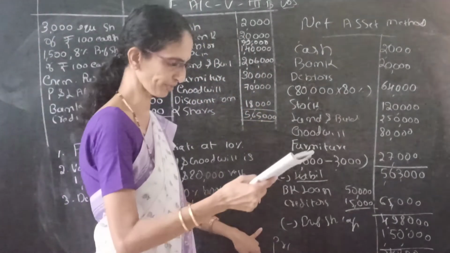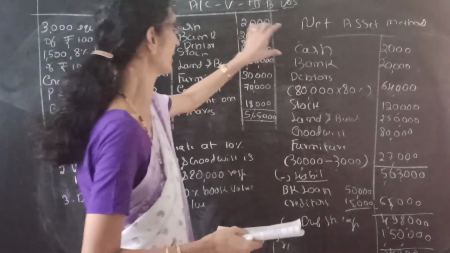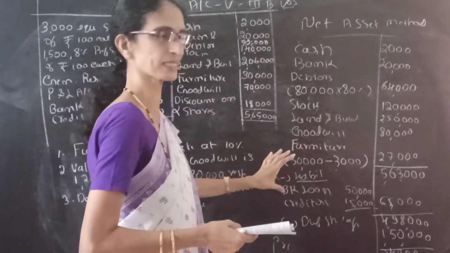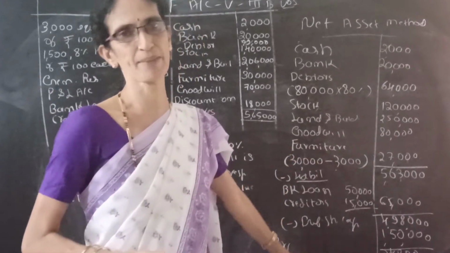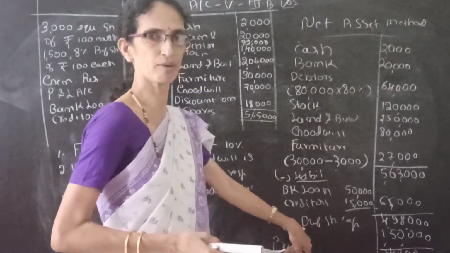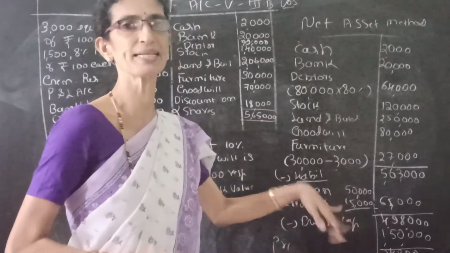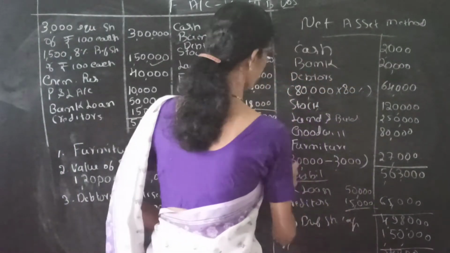So the amount available to shareholders is 3,48,000. Once again, assets minus liabilities payable to the outsider, less preference share capital. Why are we deducting preference share capital? Once again, it is also a liability payable to the outsiders. So the first step is over.